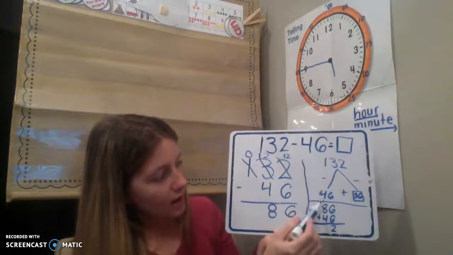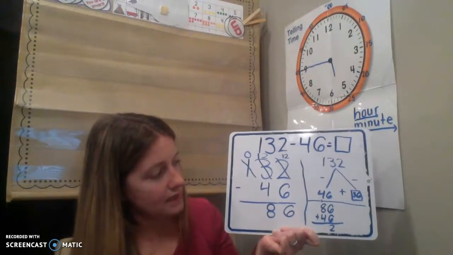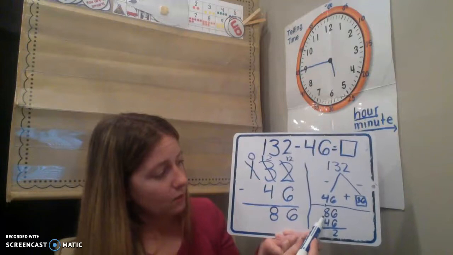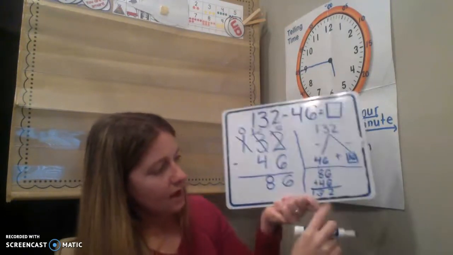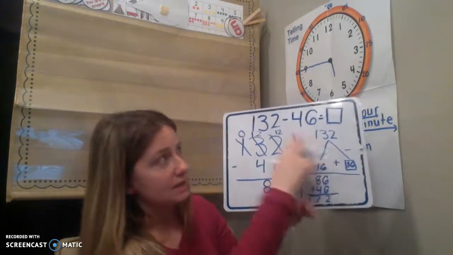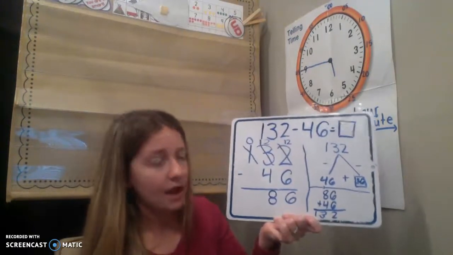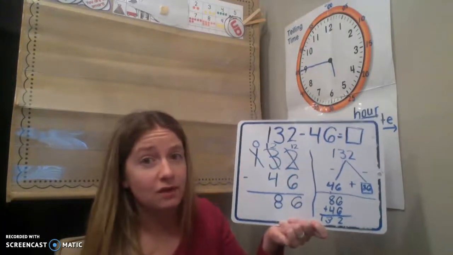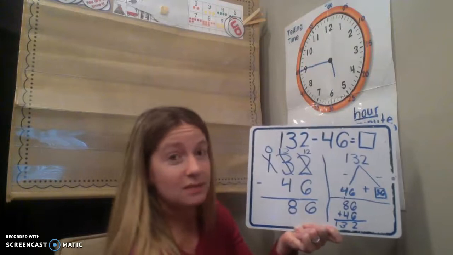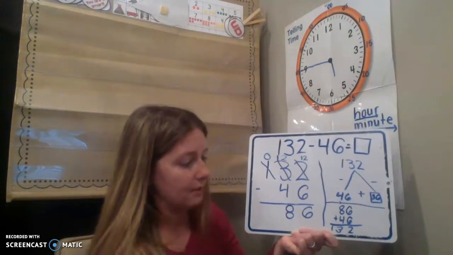I know 8 plus 1 is 9, plus 4 more is 13. And I check to see if I got the same answer. And I did. So that's another way that addition and subtraction are related, like Mrs. Sylvester was showing you the other day.